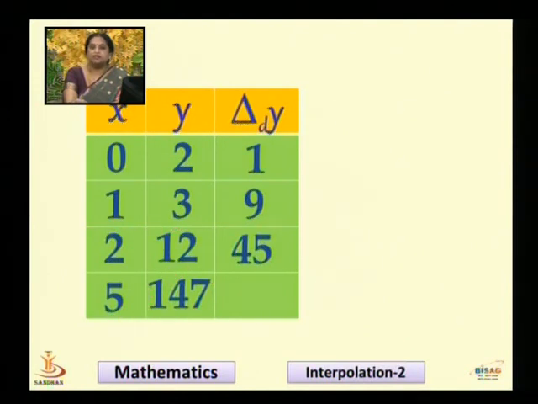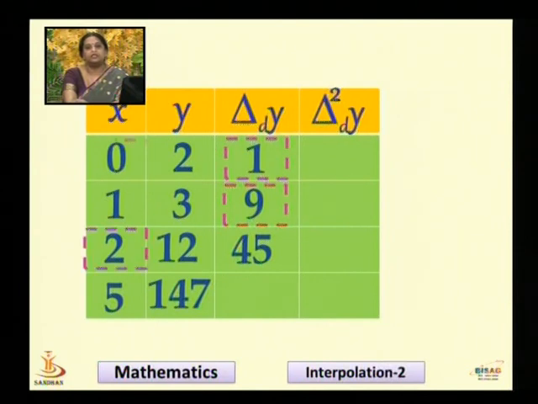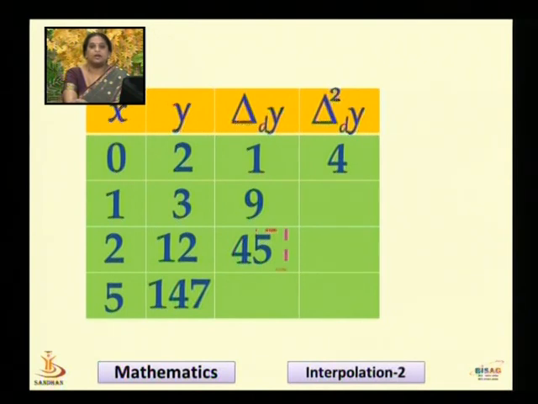You can see here that for a tabulated set of 4 points, we have computed up to 3 terms in the first order. Let us now compute the second order divided difference. Delta d square y1 is equal to 9 minus 1 divided by 2 minus 0, which is equal to 4. Delta d square y2 is equal to 45 minus 9 divided by 5 minus 1, which is equal to 9.